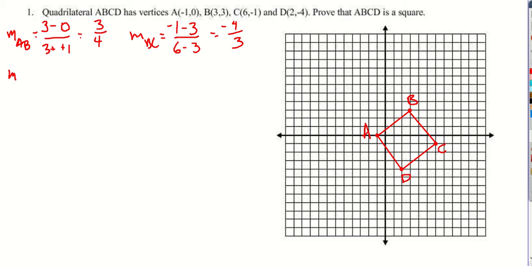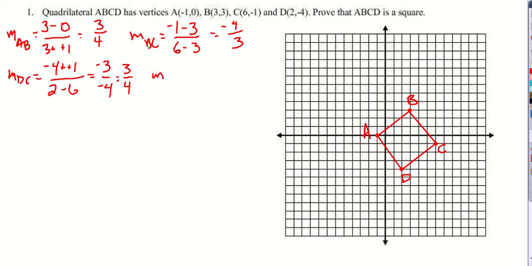We're going to go to the next one, which is DC. Now this should be the same as AB, so we'll put it right underneath because we know it's supposed to be the same. For DC, y2 is -4 minus y1, which is -1, and then x2 is 2 minus x1, which is 6. This comes out to be -3 over -4, which is positive 3/4, since both of those numbers are negative.